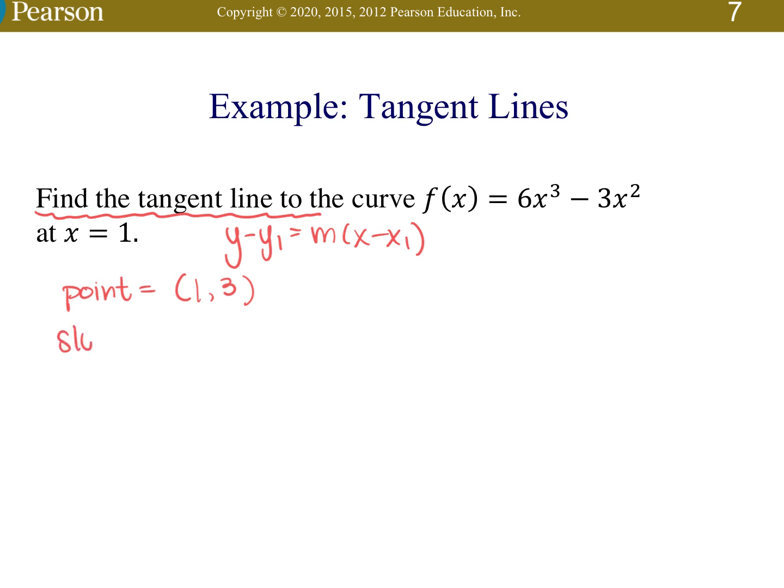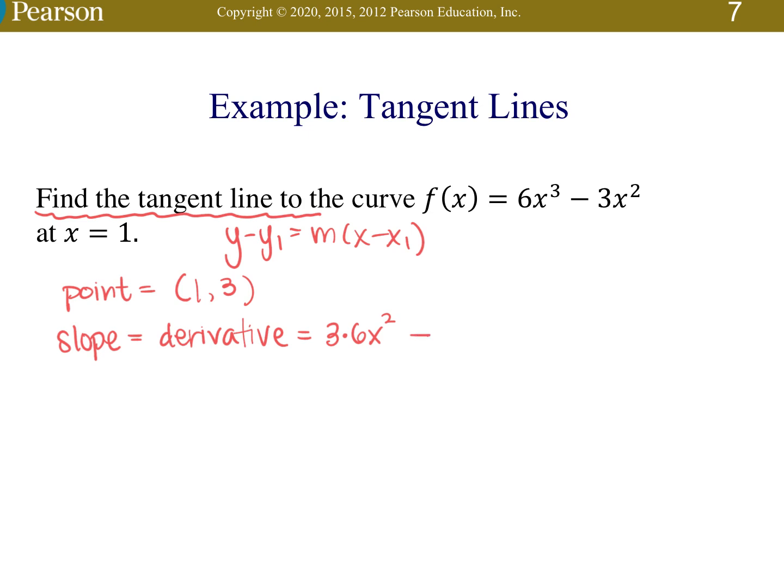My slope is going to be my derivative. My derivative is going to be the power rule applied to each piece. So my derivative would be, if I look at that, it's a 3 power, so 3 would move to the front of 6x, and the new power would be squared, so that would be 3 times 6x.